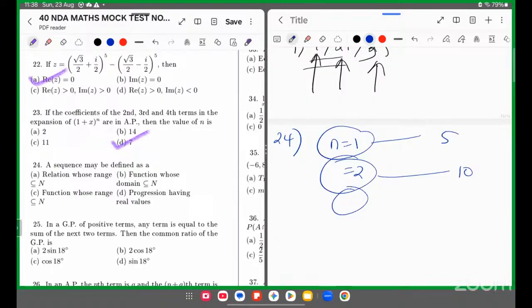So the answer will be option B: a function whose domain is a subset of natural numbers.